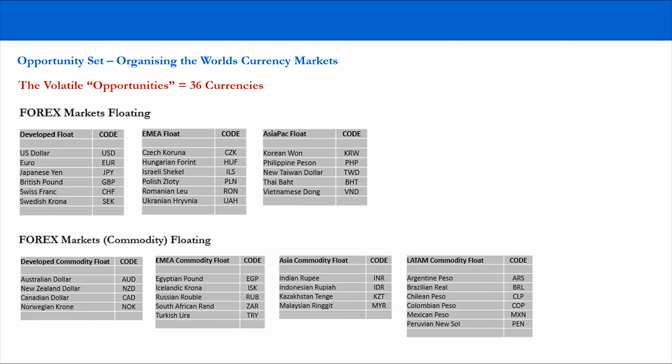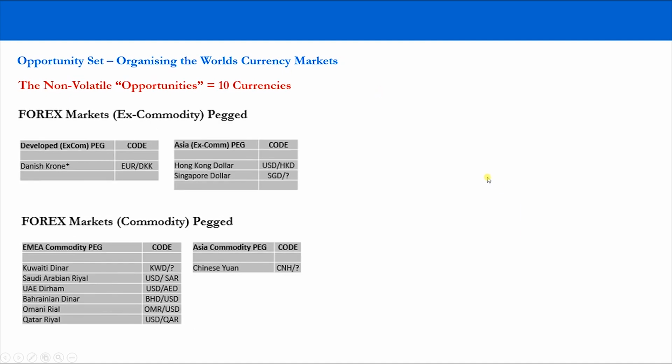So here we've got our 36 currencies, our 36 potential opportunities, and we've put them all on the same page here, so it's easy for you to view. Here we've got Forex markets floating. Well, that's actually non-commodity floating. So what we've defined as floating regimes that don't have significant exposure to commodities. And then we have Forex markets commodity floating. So these are our 36 opportunities.